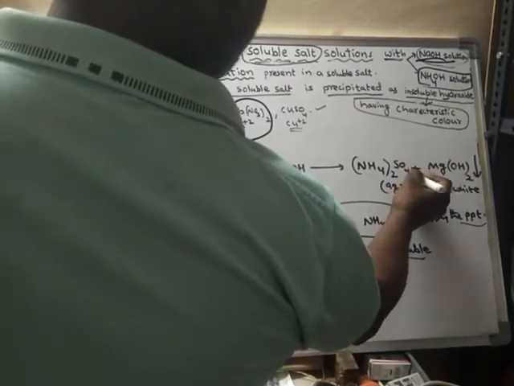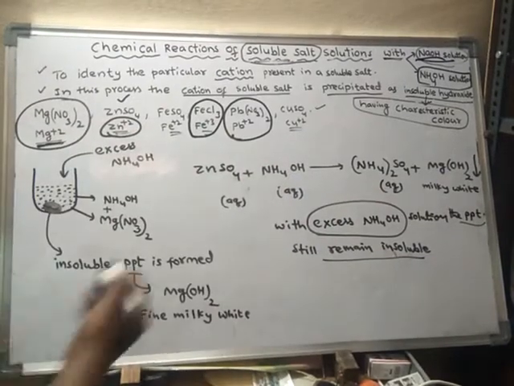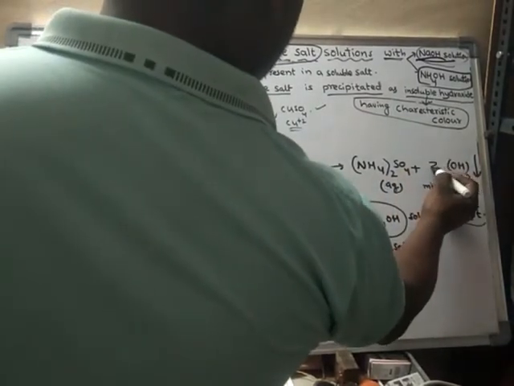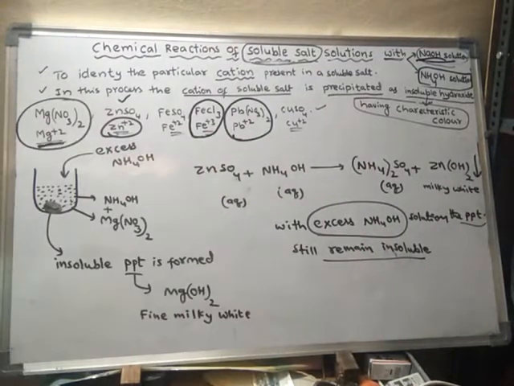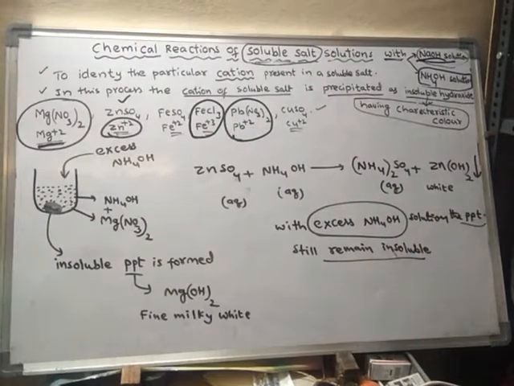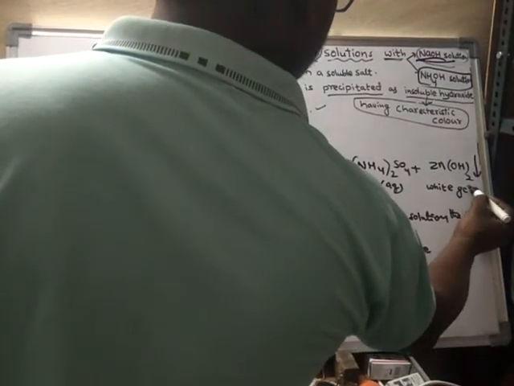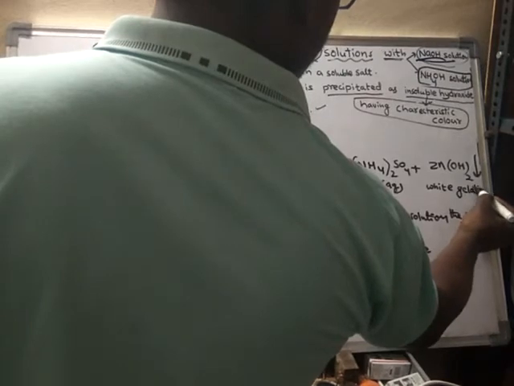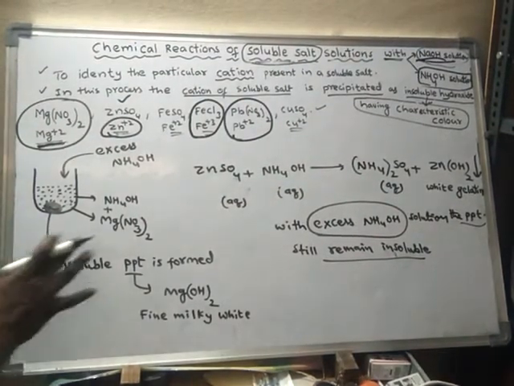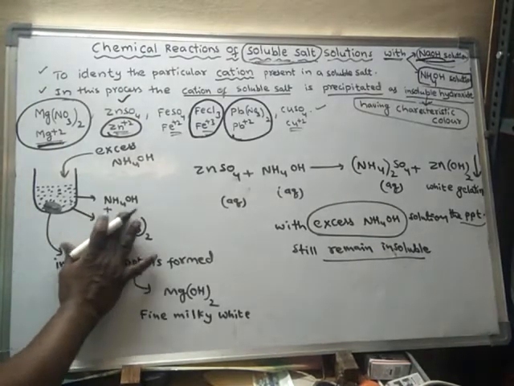Ammonium sulfate is a soluble salt, aqueous solution, and it forms zinc hydroxide. It is a white gelatinous precipitate. Already we learned the color of zinc hydroxide is white gelatinous. White gelatinous precipitate is formed. So now what we have added? Zinc sulfate.